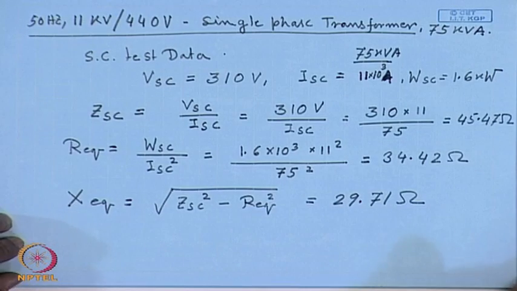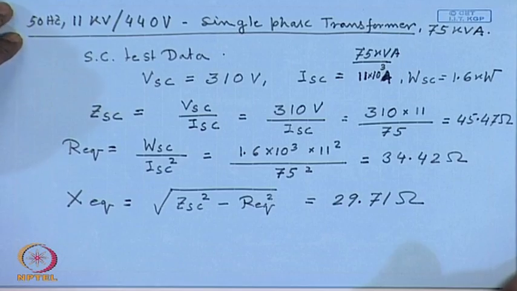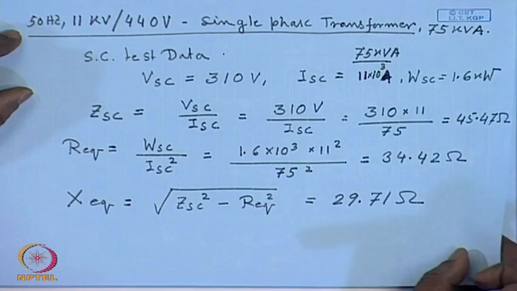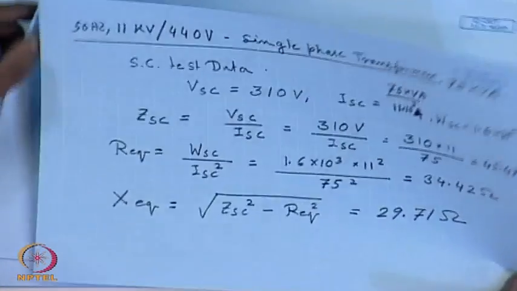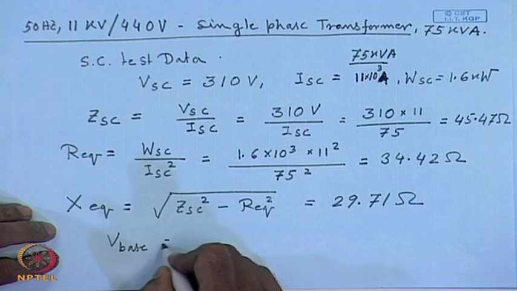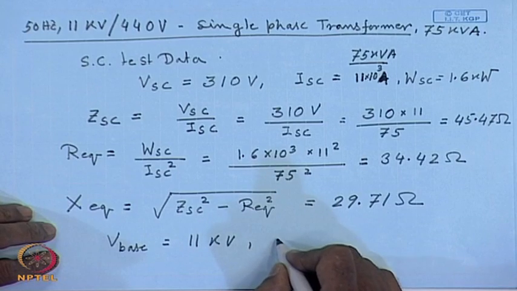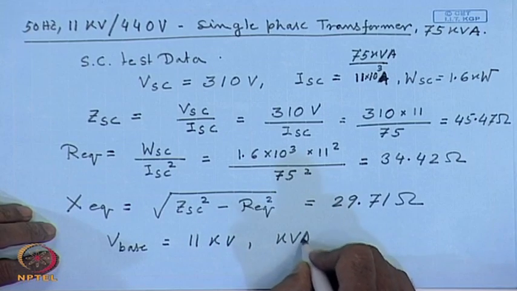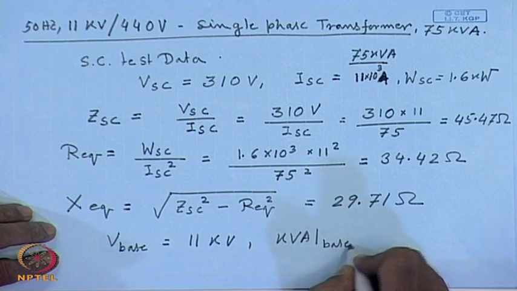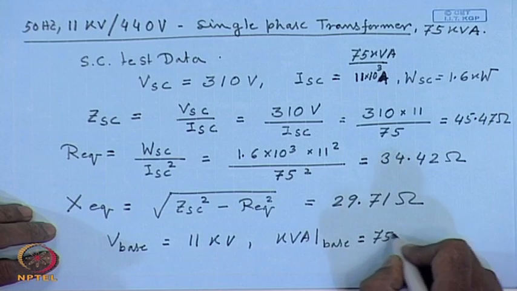Now, we have to convert them to per unit values. The short circuit test is done on the HV side. So, V base equal to 11 kV and kVA base of course is equal to 75 kVA.